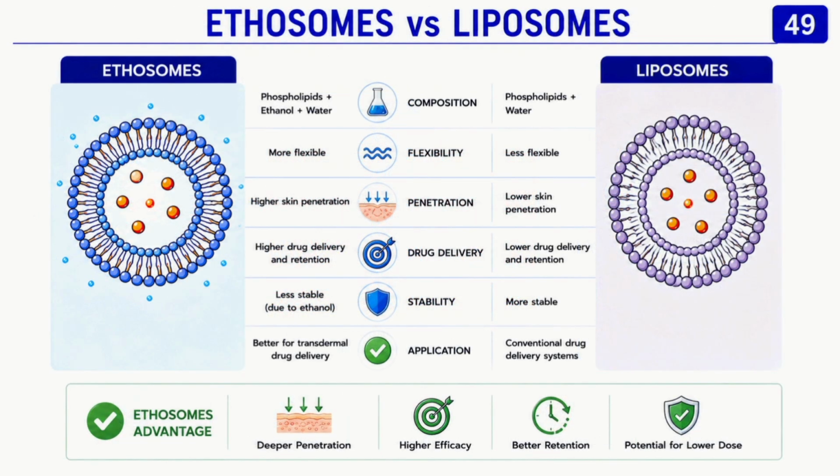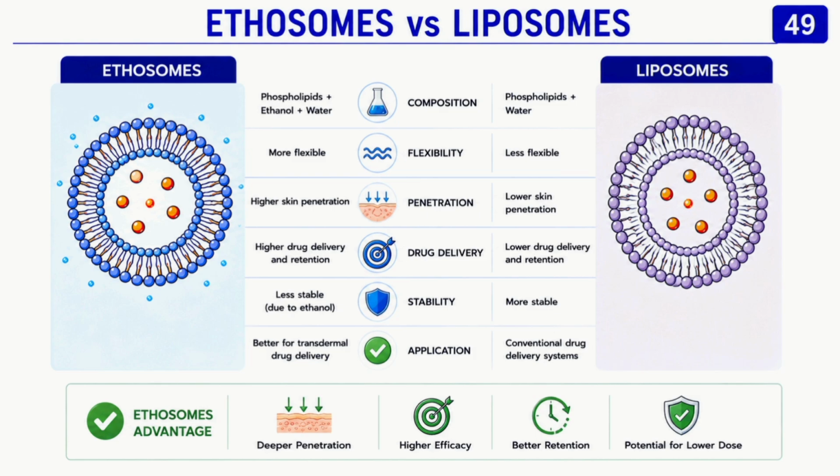Ethosomes versus liposomes. So now let's compare ethosomes with conventional liposomes here. Both systems are phospholipid based vesicles. However, conventional liposomes generally contain little or no ethanol, okay? Whereas ethosomes contain a relatively high concentration of ethanol, okay? This gives the ethosomes greater flexibility here. Because of the ethanol, ethosomes are highly flexible in nature.